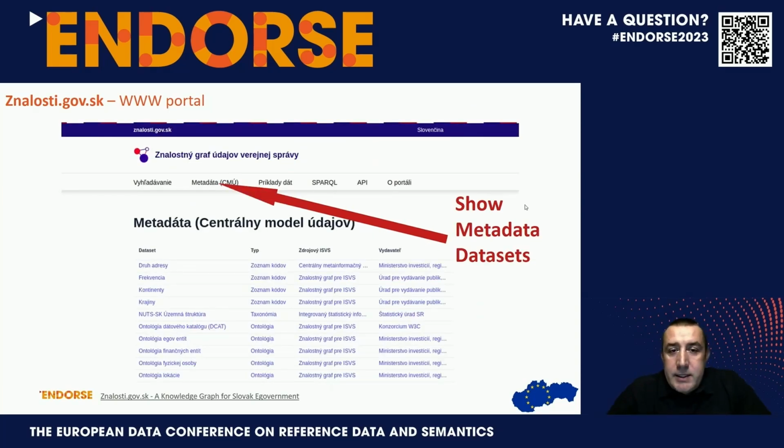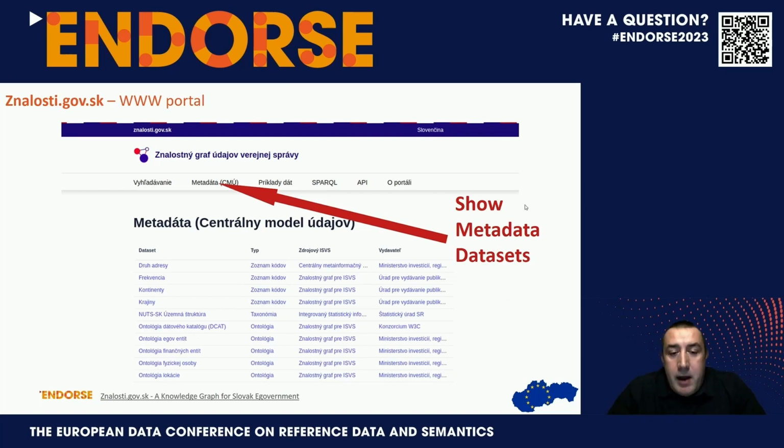The full list of the structural metadata, which are the key things that constitute the knowledge graph, you can see on this screen. You can see several national ontologies like ontológia finančných entít, the financial entities ontology, or ontológia fyzické osoby, the physical person ontology.